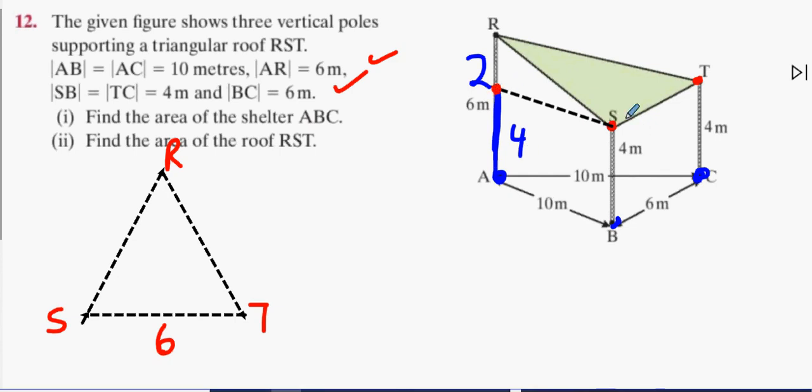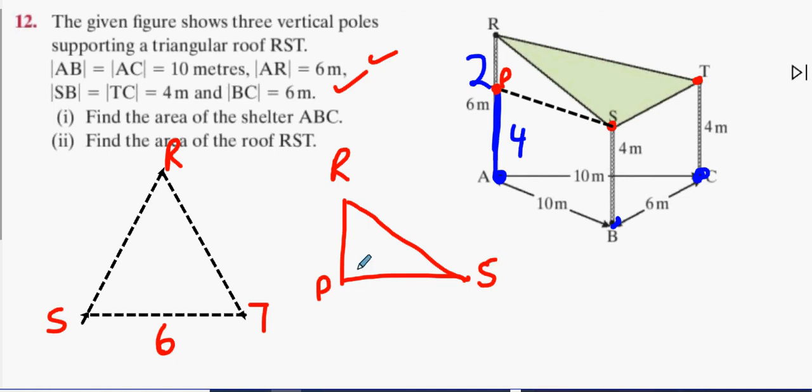The 3 red dots are at the same level as each other, in the same way the 3 blue dots are at the same level as each other. So that would make that a right angled triangle. I need a new letter. Any suggestions? P. So RPS is a triangle where PS is at the same level. Okay? So what does that mean?